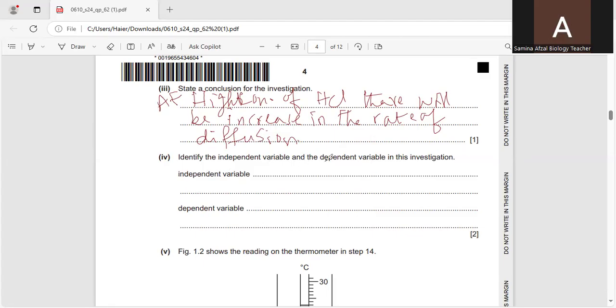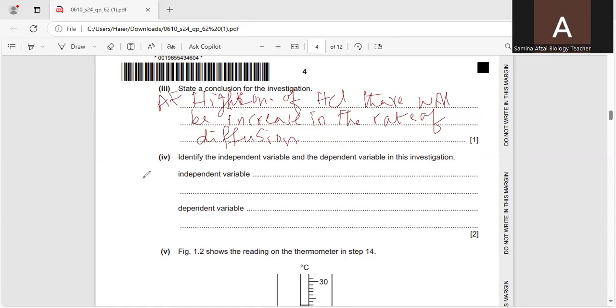Identify the independent variable and the dependent variable in this investigation. The independent variable is the concentration of hydrochloric acid, because the rate of diffusion is different as the concentration is changed.